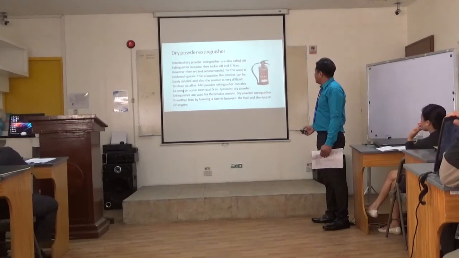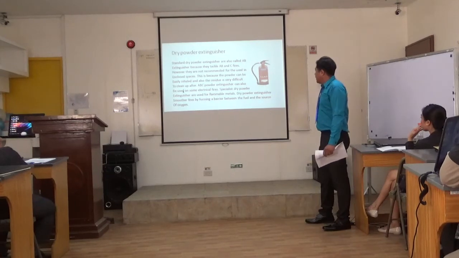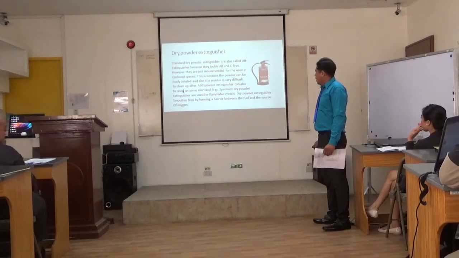The number 3 is a dry powder extinguisher. Standard dry powder extinguishers are also called ABC extinguishers because they tackle A, B and C fires. However, they are not recommended for use in a confined space.